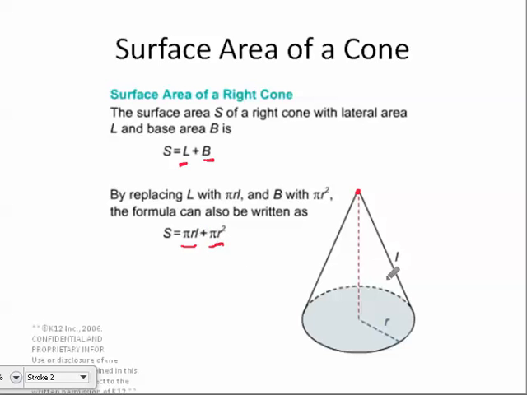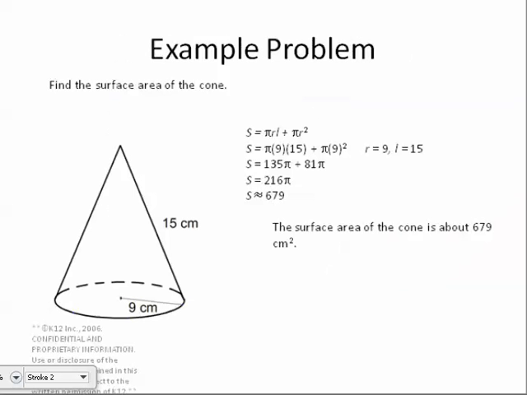The l is the slant height. That's how much you slide down the cone from the point down to the base. It's not the height of the cone, it's the slant down the side. So we're trying to figure out how much ice cream cone we've got on this cone right here. So we take pi times 9 times 15, plus pi times 9 squared.